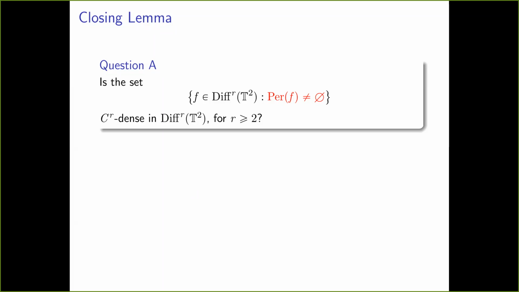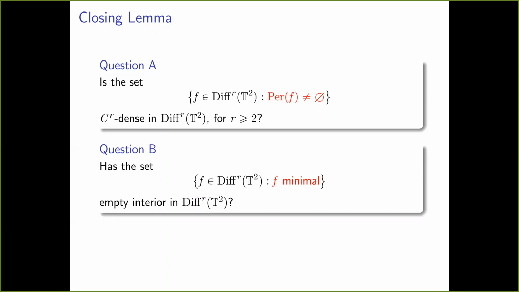Well, I discussed a lot about this problem with Wellington de Melo, who was my PhD advisor, and with Enrique Pujals, who was some kind of unofficial co-advisor. And of course, we thought that this problem should be very difficult, and we considered an easier version of this problem just regarding minimal diffeomorphisms.